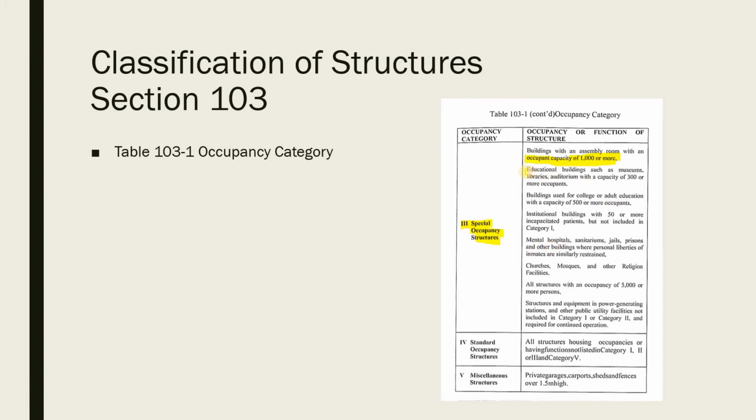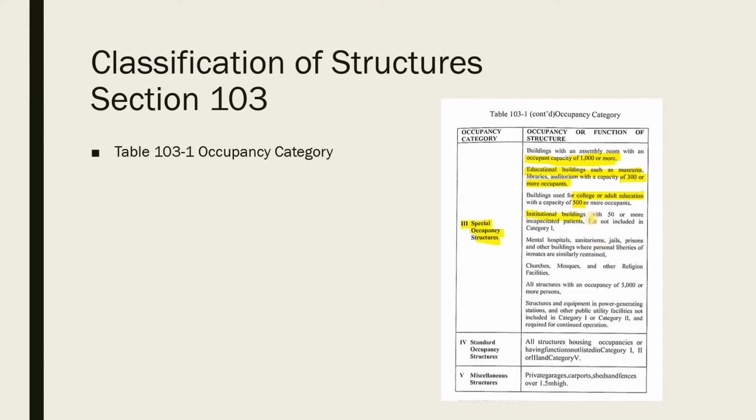Educational buildings, okay, such as museums, libraries, auditorium with capacity of 300 or more occupants. Next, buildings used for college or adult education with a capacity of 500 or more.